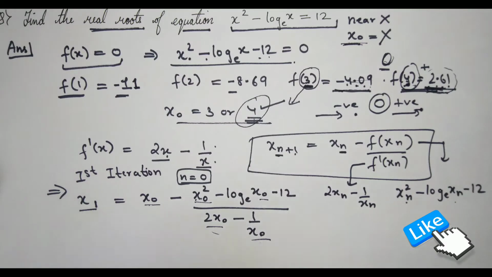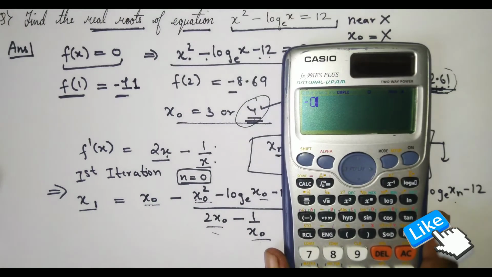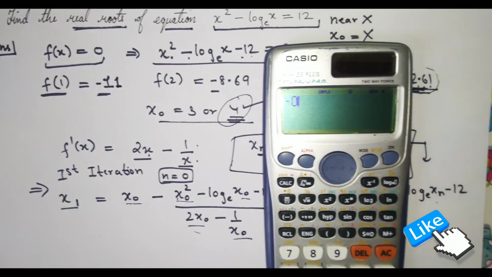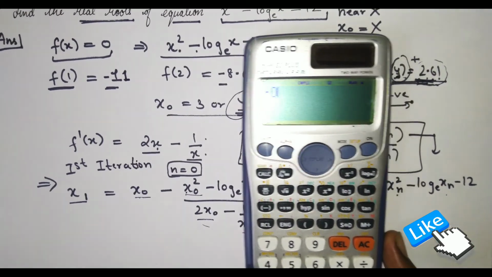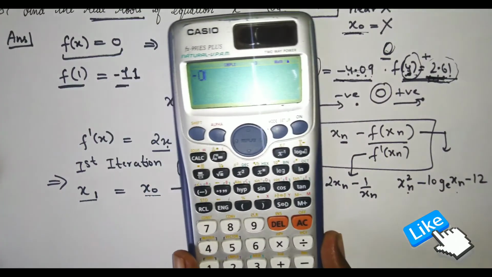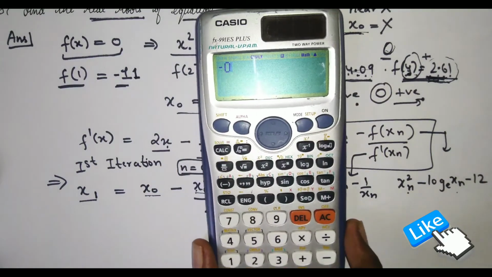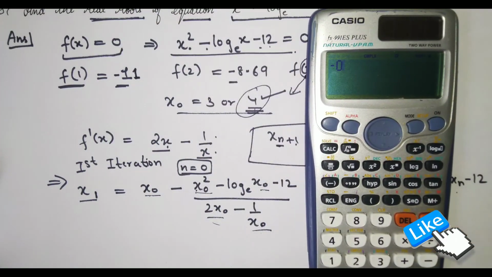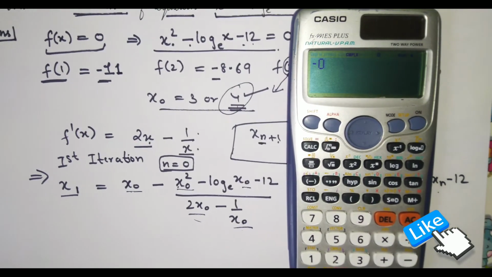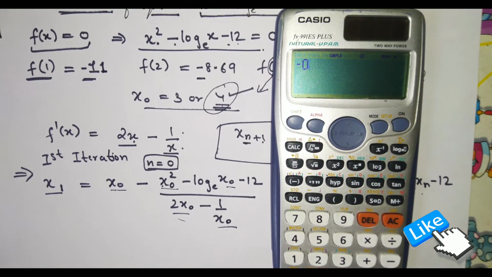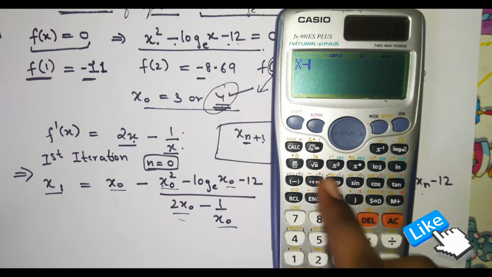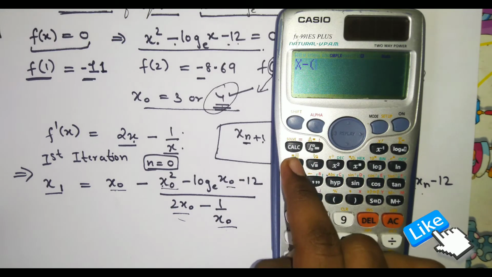So how to do that? We can do it by calculator. First thing you have to feed this expression. So what is the expression here? x0 square, so x is there, alpha x, minus, I'll put one bracket and this button.